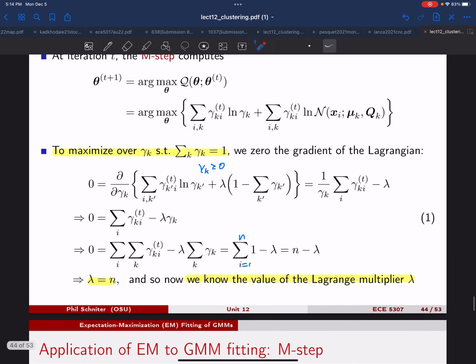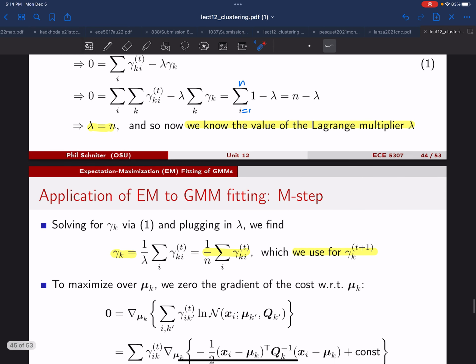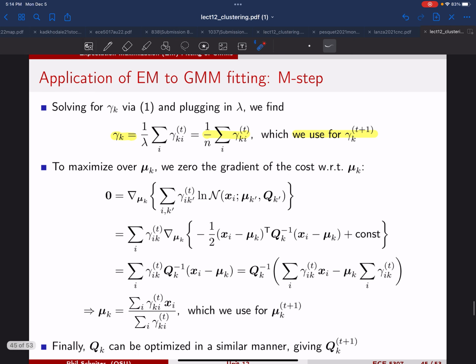Okay, so for the mu k's, we can forget about this term. Just focus on this term over here. So that's what we get here. And I've written this sum over k prime so we don't confuse it with k. To take this gradient over mu k, by linearity, we can move that in front of this natural log.